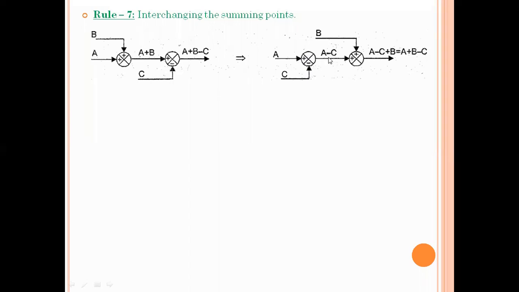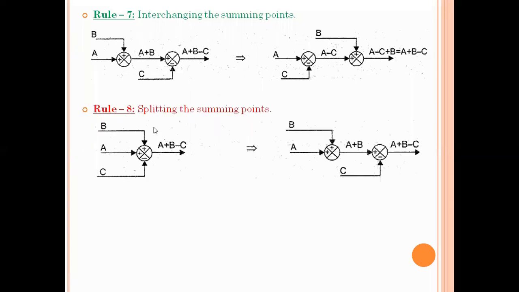So you will get A minus C like this, and B is taken across the summing point, which adds, that means A minus C plus B, which is our actual required output. So by interchanging the summing points, there must be no change, because this is algebraic summation, and by interchanging, the algebraic summation won't change. Okay, so this is rule 7.